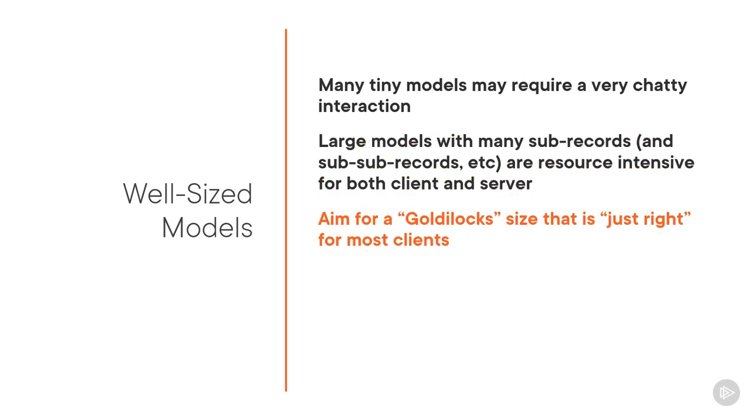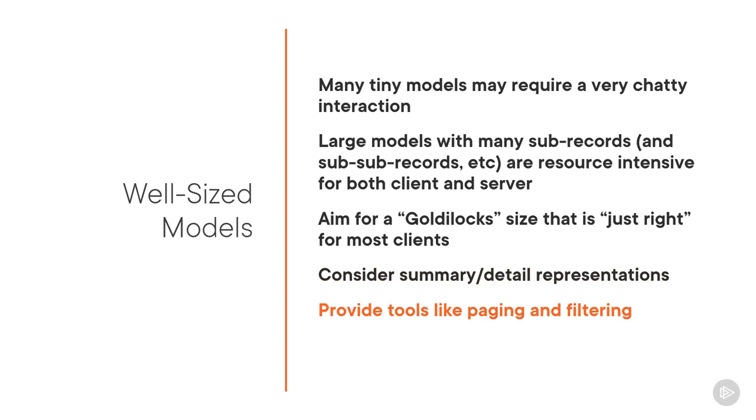And if you only have one client, then obviously make it suit that client. One common approach to this is to use summary records in lists and detailed records for individual representations. This is so common that you can think of it as a best practice. Provide clients with size-limiting tools like paging and filtering, as this can also help to right-size the amount of data that you're returning.